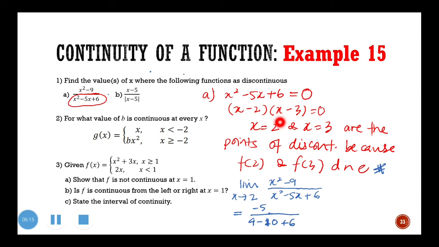So you will get negative 5 over 0, because x equals 2 makes the denominator equal to 0. So you get something over 0, which is infinity. Here we get negative 5 over 0, so this value is equal to negative infinity.